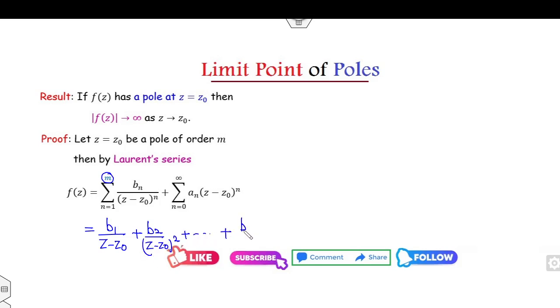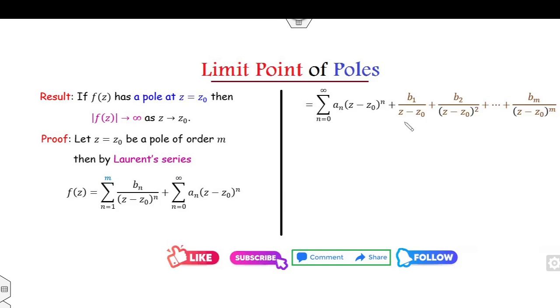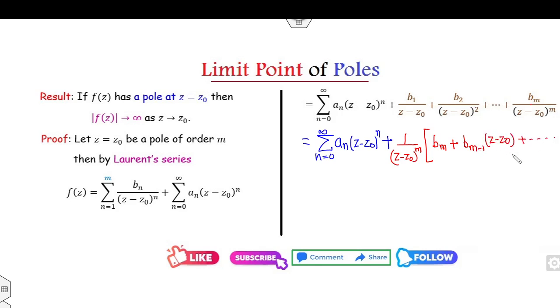The last term is bm over (z minus z0) raised to the power m, plus the summation n varies from 0 to infinity of an (z minus z0) to the n. Again, because it's a pole of order m, I can take (z minus z0) raised to the power m as common. So it will be bm.